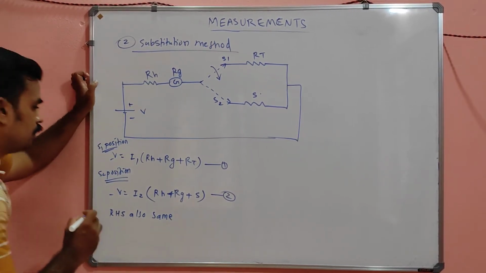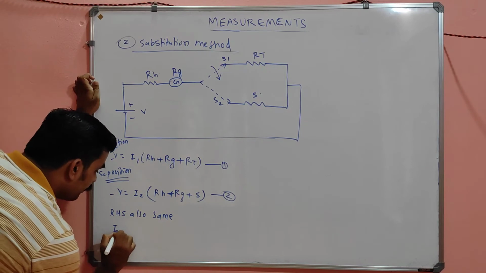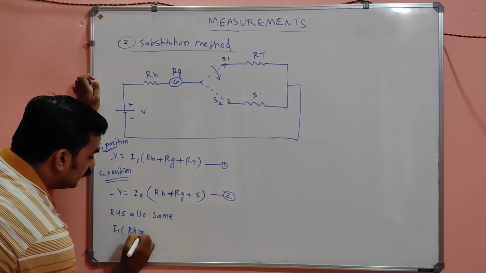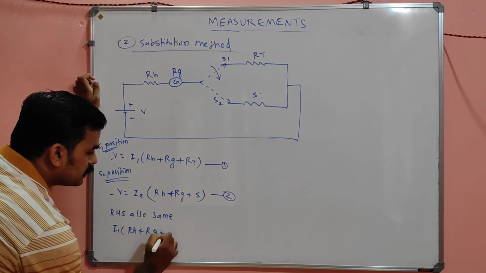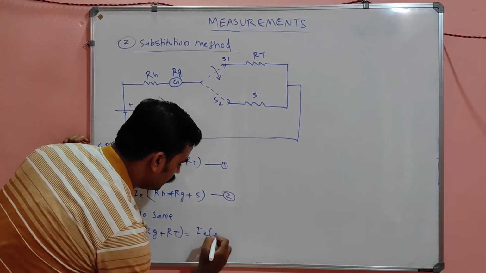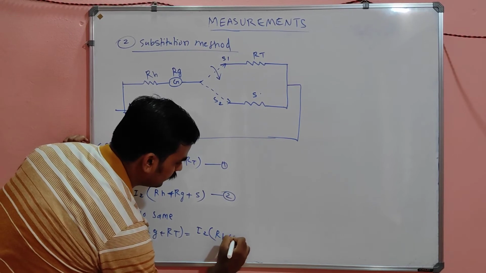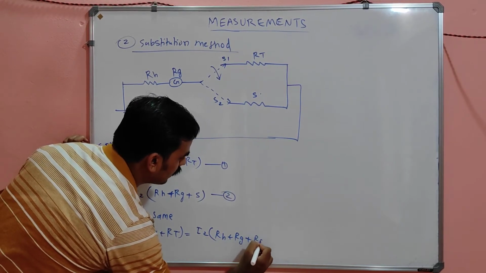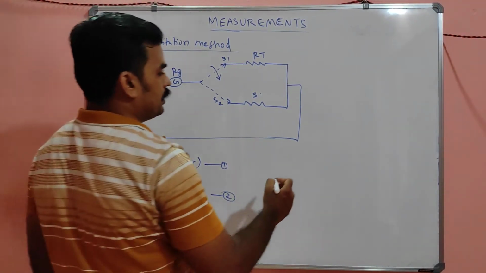Which means I can write I1 into RH plus RG plus RT equal to I2 into RH plus RG plus RS. Am I correct, my dears?